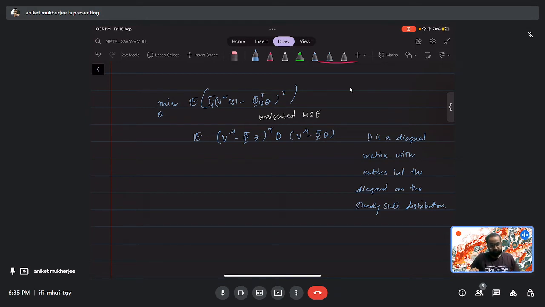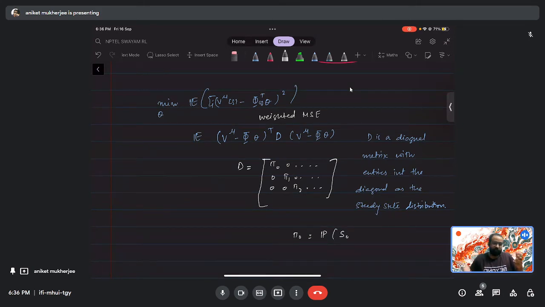So what I'm doing is, for the first state, I'll get D. Now D is of the form pi 0 0 0, 0 pi 1 0, 0 0 pi 2, where pi 0 is the probability of being in state 0.